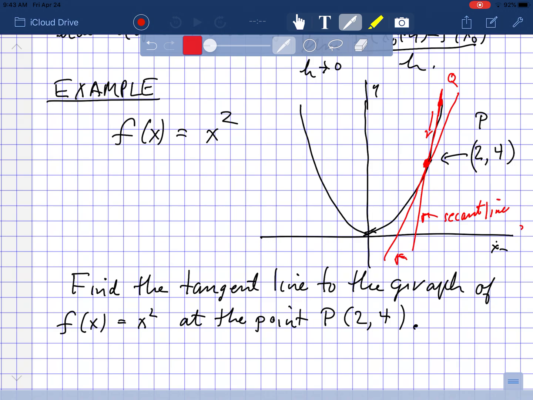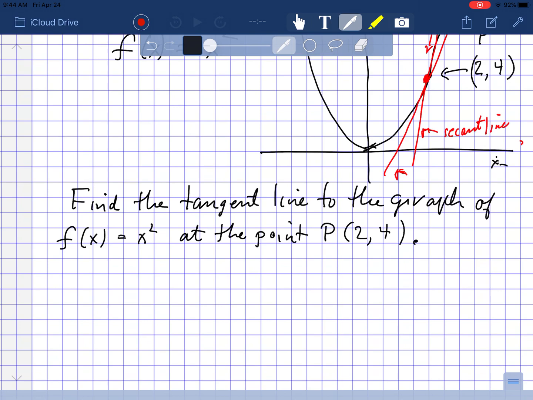So they get closer and closer to the tangent line as the point Q gets closer and closer to the point P, provided the limit of the slopes of the secant lines exists. So what we want to do is look at the limit as h goes to 0 of the slopes of those secant lines.